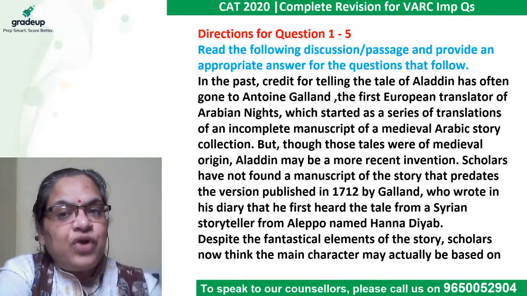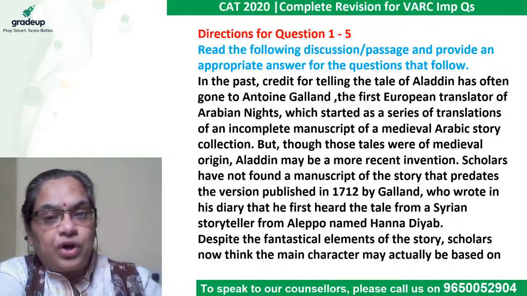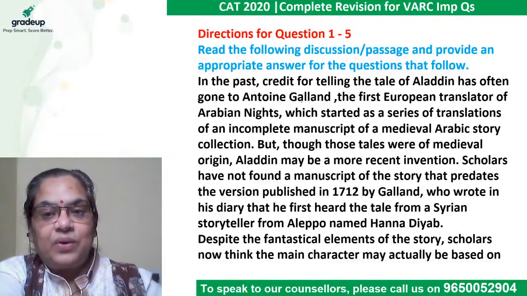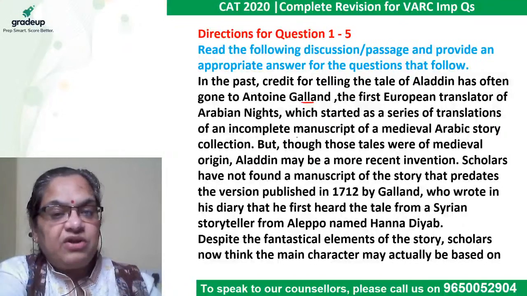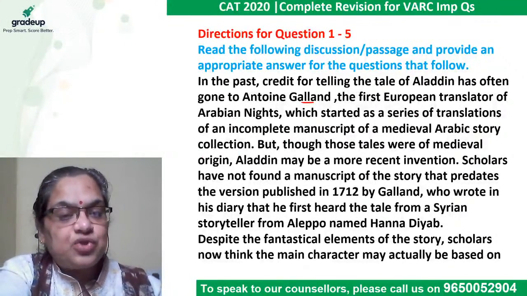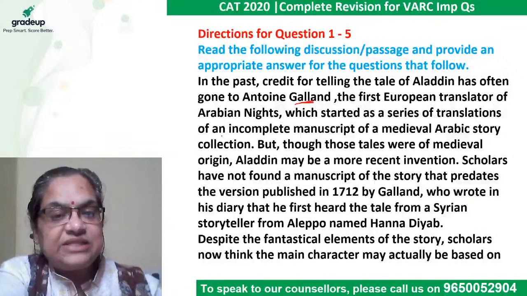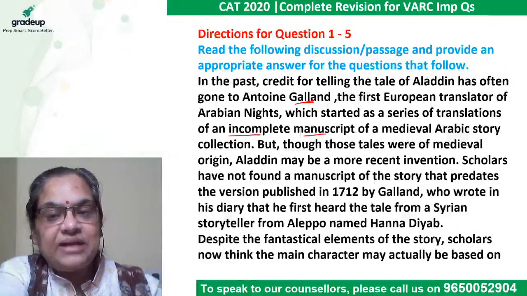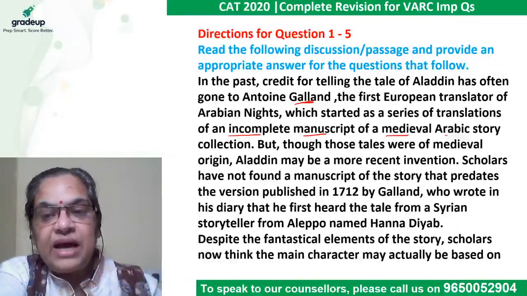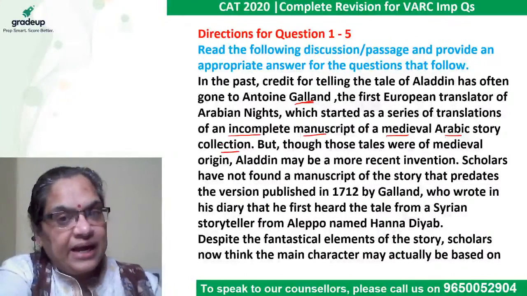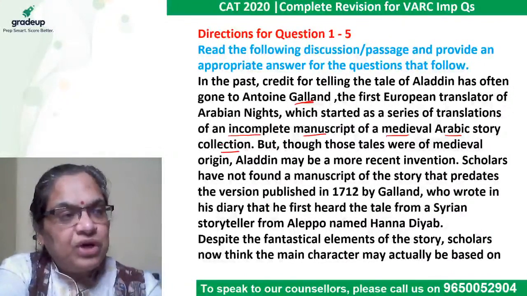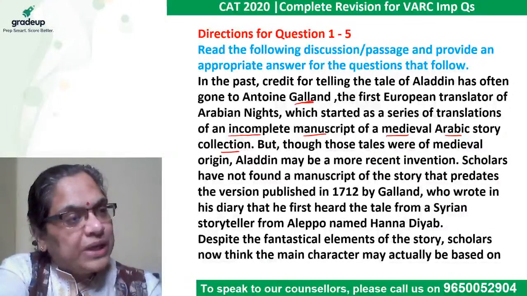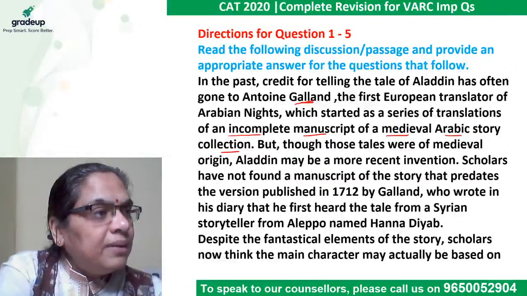The credit for telling the tale of Aladdin has gone to Galland, the first European translator of the Arabian Nights, which started as a series of translations. So what did Galland do? He translated an incomplete manuscript of a medieval Arabic story collection, and therefore the credit for telling Aladdin's tale goes to Galland.